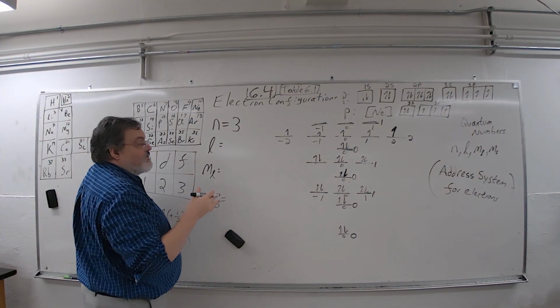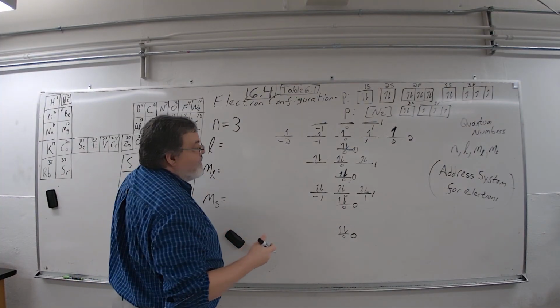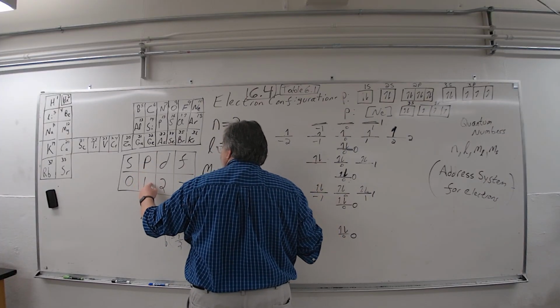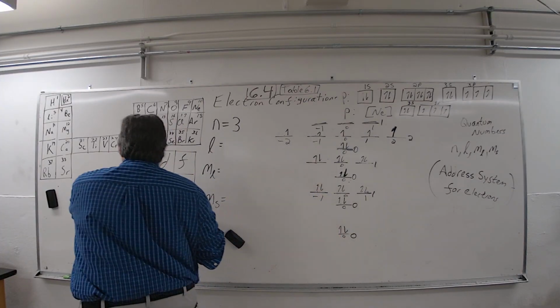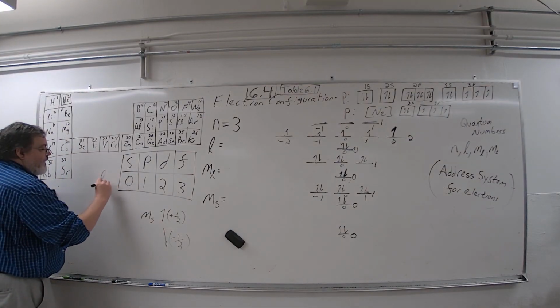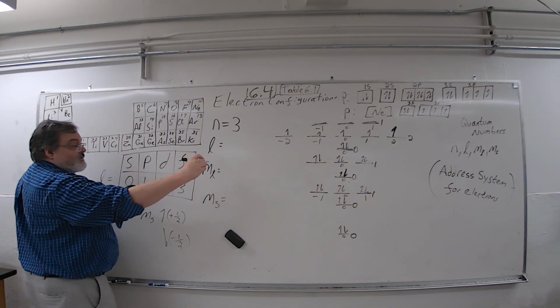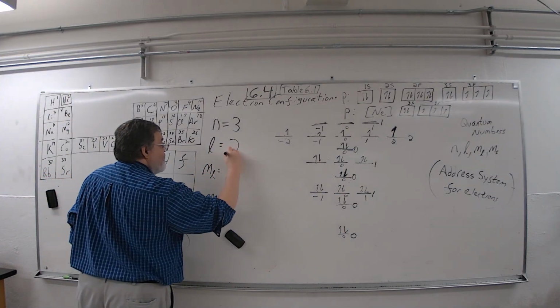Alright, so that's the first address, we're in 3. The L number, the S is 0, the P is 1, the D, L equals 2. So we're in a D-type orbital, so this is 2.